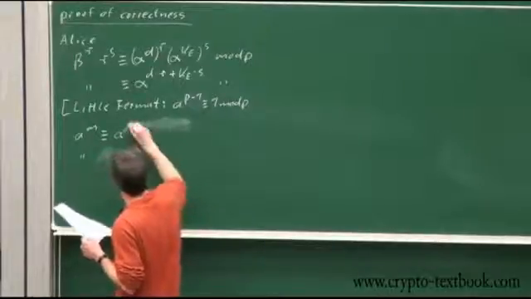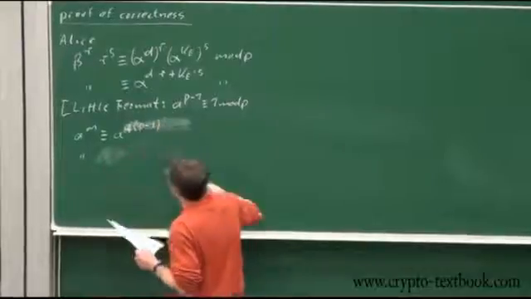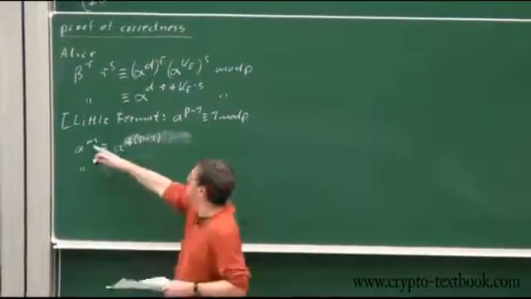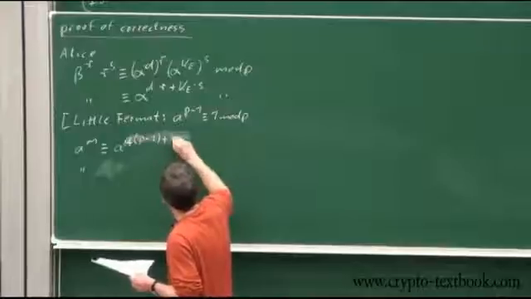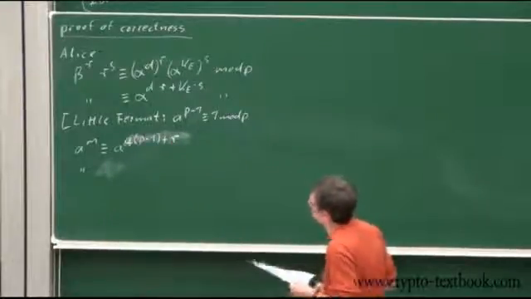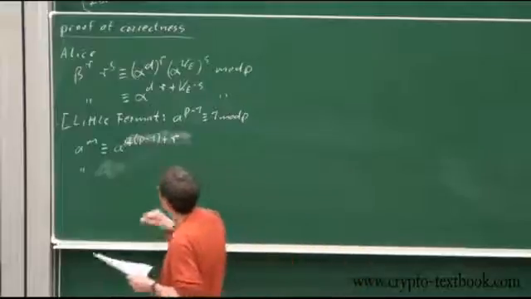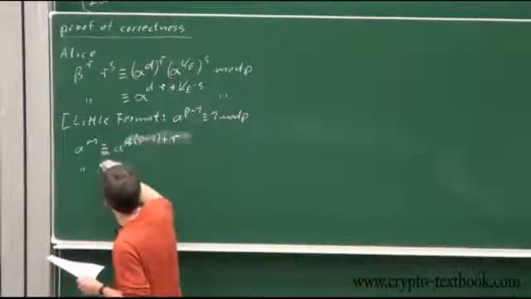So this I can write as m being a multiple of p minus 1 plus some remainder r.